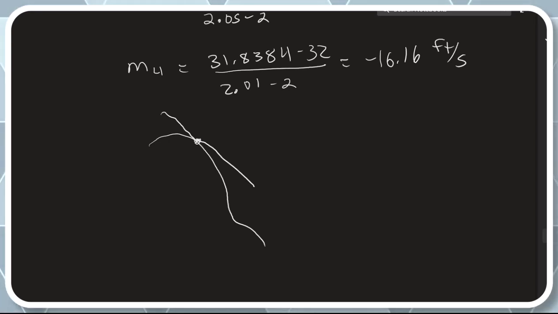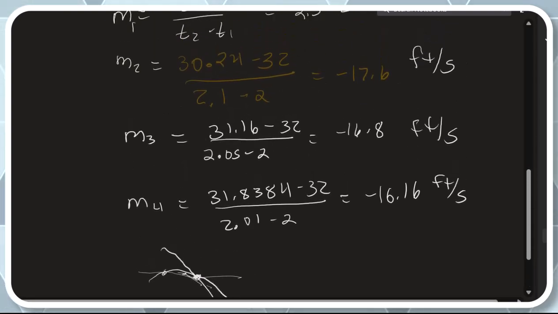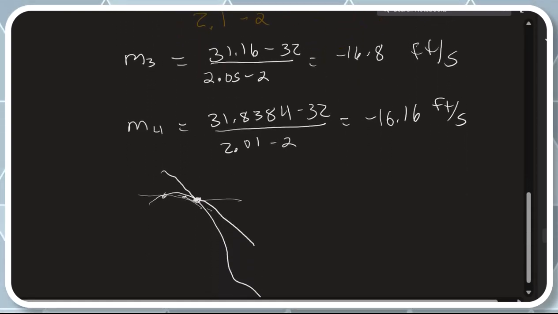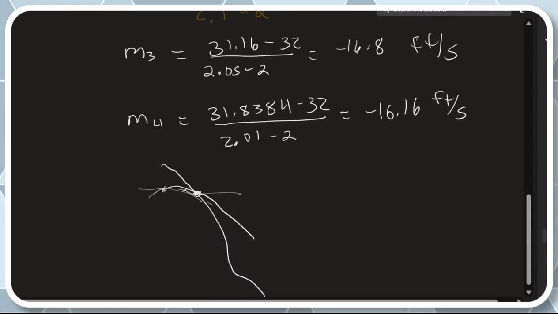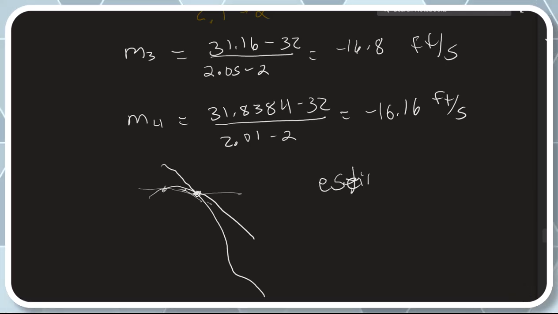What we've just done is find slopes of secant lines, but we're bringing that point closer and closer. And if you look at these numbers, it looks like maybe it's approaching negative 16. So our estimate is negative 16 feet per second.